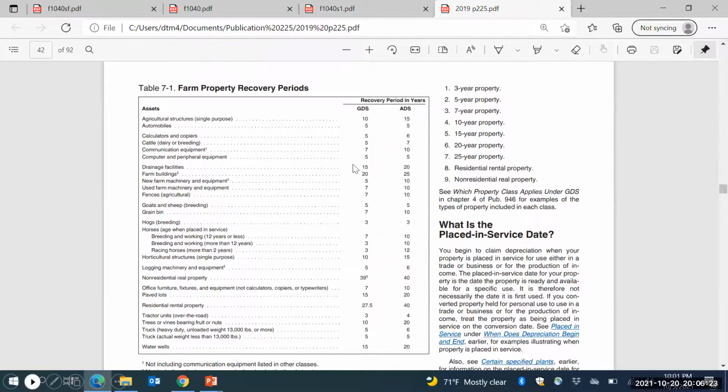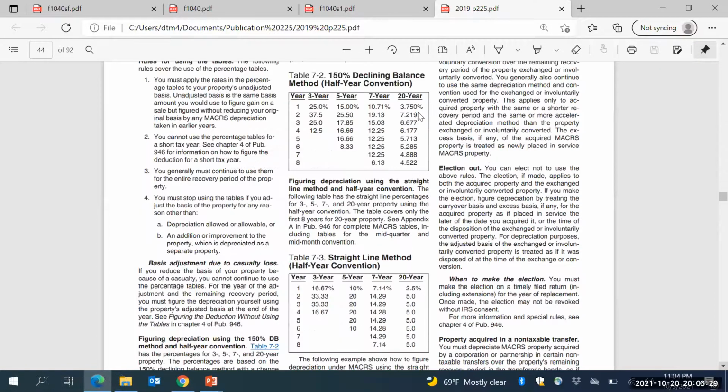Some more things here: declining balance, half-year convention. This essentially means the item was placed in service midway through the year, and the amount of depreciation is heavier at the beginning of the asset's life. They call it 150 declining balance.